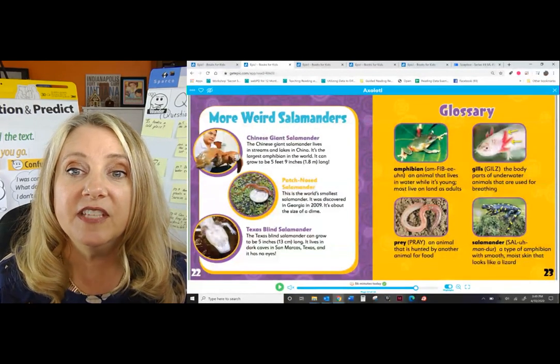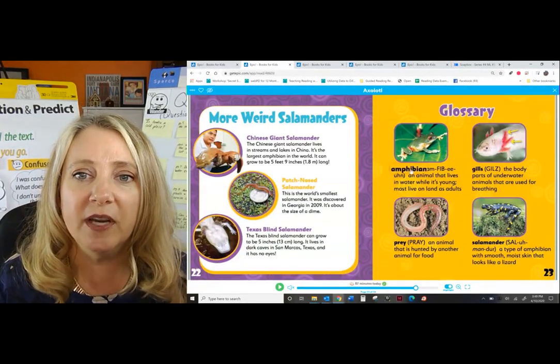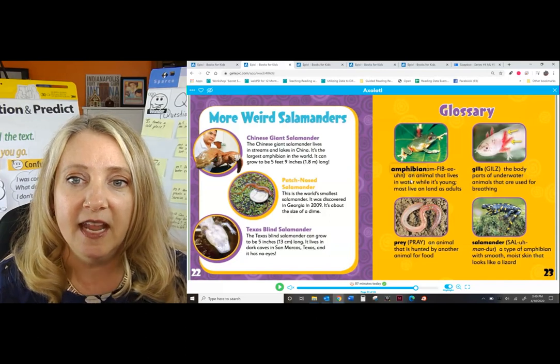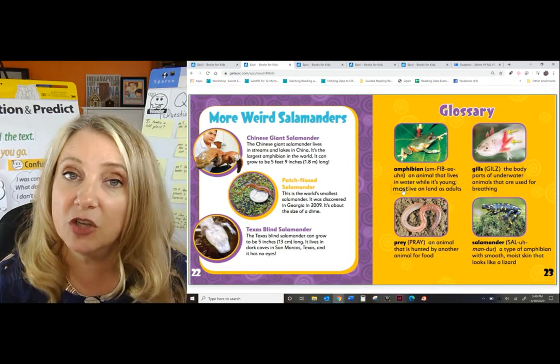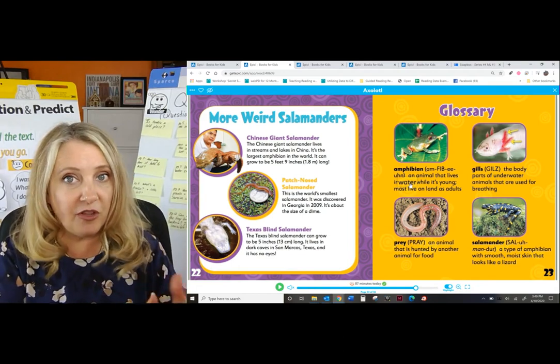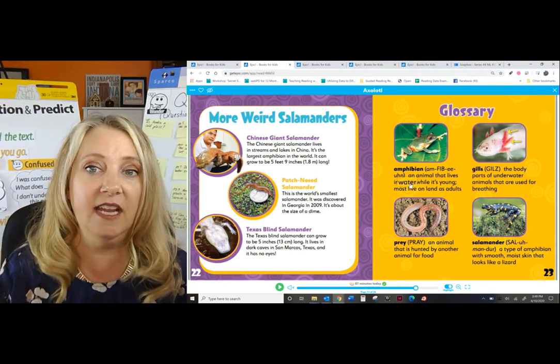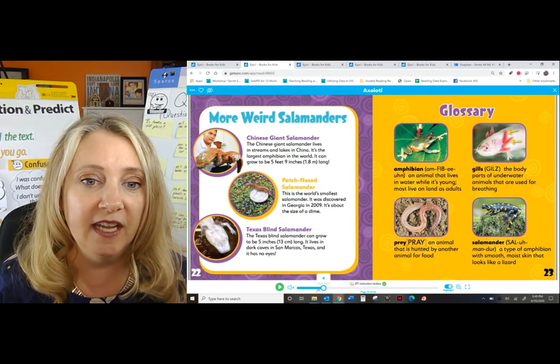Oh, look, this even has a picture glossary, my favorite kind. And so what does it say? Amphibian, an animal that lives in water while it's young. Most live on land as adults. Okay, so they live in the water all the time while they're young, and then mostly on land when they grow up. Well, that's really helpful to know, isn't it?